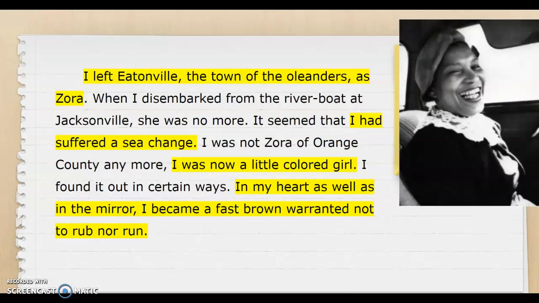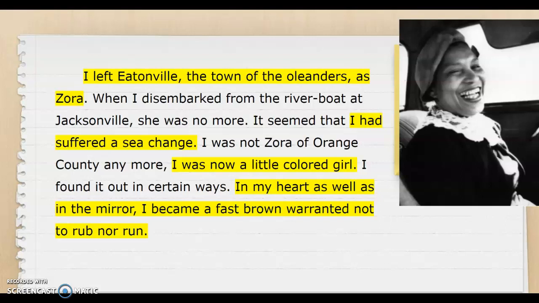I skipped the first line to save space on the slide, and the first sentence read, "But changes came in the family when I was 13 and I was sent to school in Jacksonville. I left Eatonville, the town of Oleanders, as Zora. When I disembarked from the riverboat at Jacksonville, she was no more.